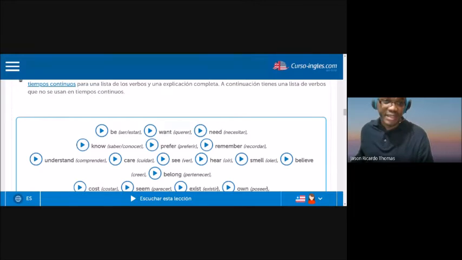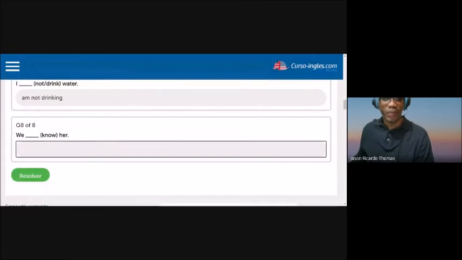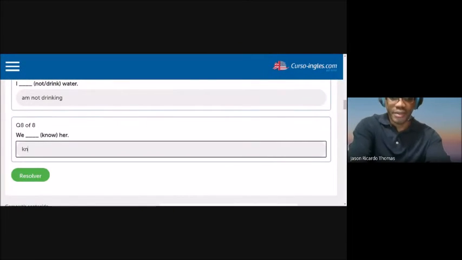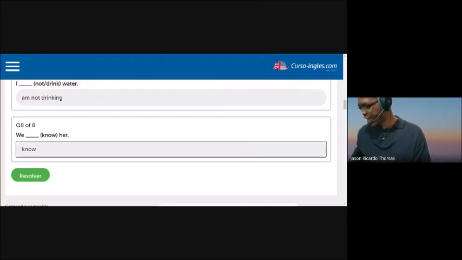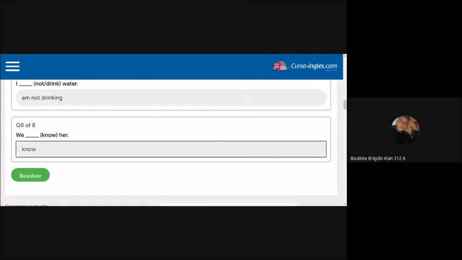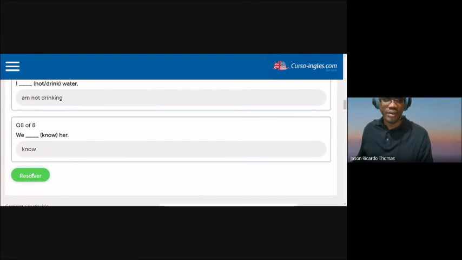Why? Because it states something. Nothing about that will change or has a continuous nature. It's just a fact. You know. So that one does not change. We know her. All right, again, Alan. We know her.